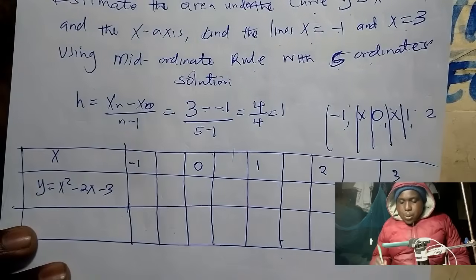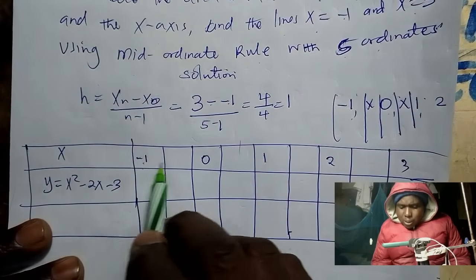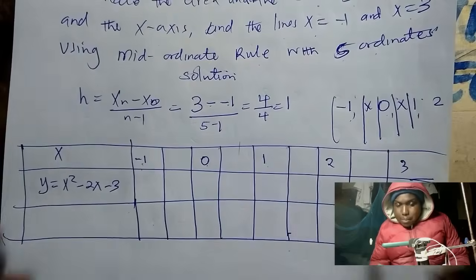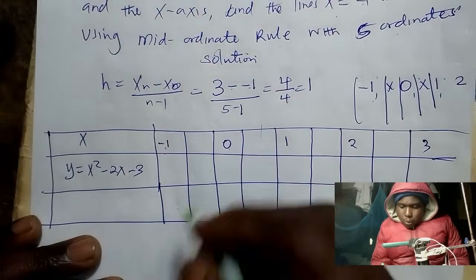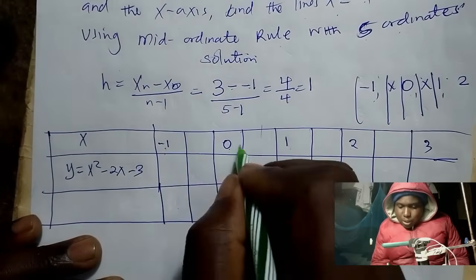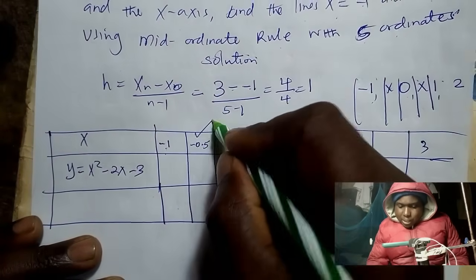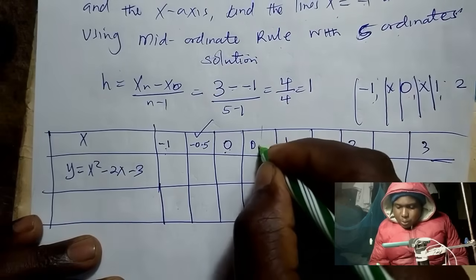But we want the mid-ordinates. So what is between negative 1 and 0? What is between 0 and 1? Mid means in the middle. So we are interested in the mid. The mid here is negative 0.5, and that is what I want. The mid between 0 and 1 is 0.5.